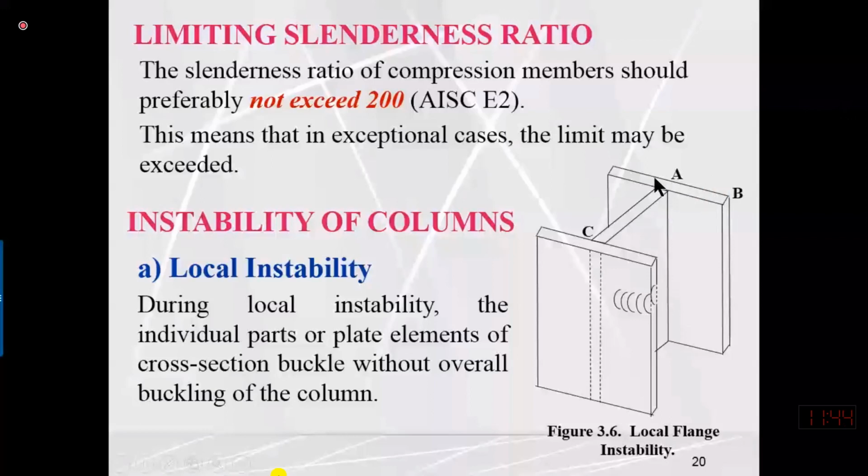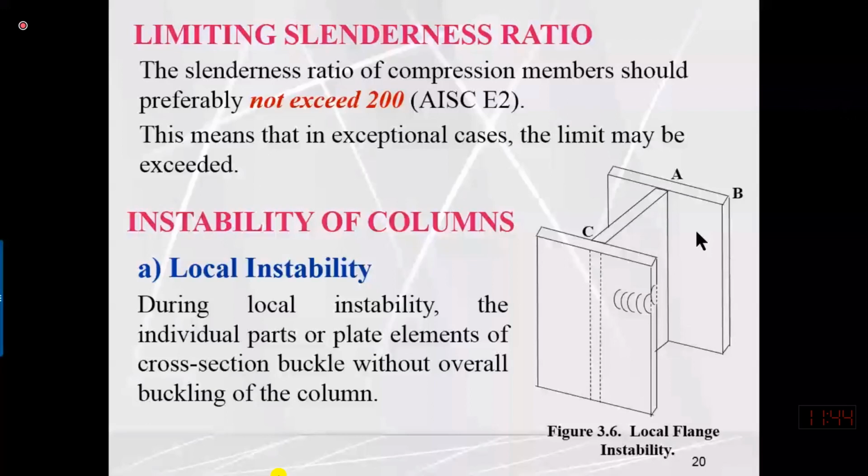We can call stiffened element buckling web buckling, and unstiffened element buckling in channel and W section flange local buckling. If we have an angle section, both legs are unstiffened because both legs are only connected from one side.